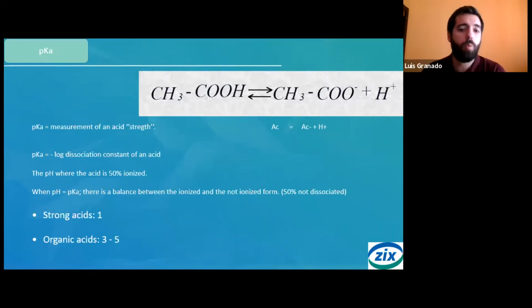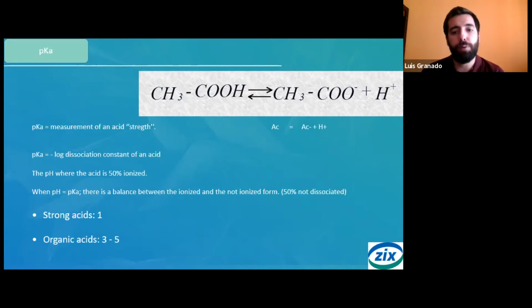So that is how we can explain what this dissociation constant means and how it will establish the behavior of the acid, and how easy it is to release these hydrogen protons, right? The easier it is for the acid to release them, the stronger the acid will be.